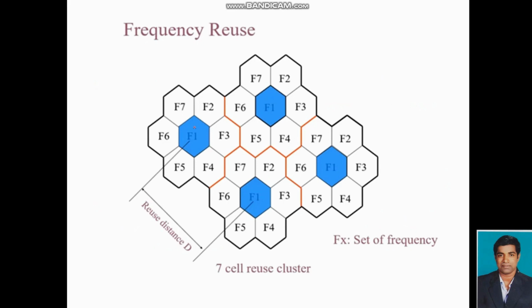Here the same f1 frequency band we are using in the different clusters, so we are reusing the particular frequency band in the different clusters, and the reuse distance we are measuring between one cluster frequency band with the similar kind of another cluster frequency band. Here fx means set of frequency. Here 7 cell reuse cluster, f1 to f7 in each cluster.